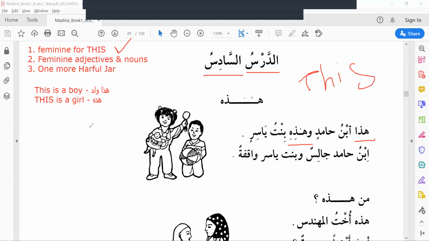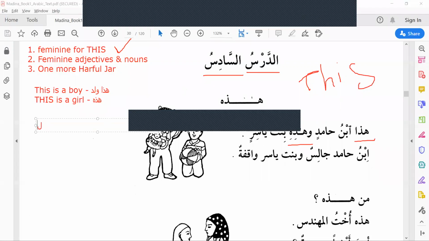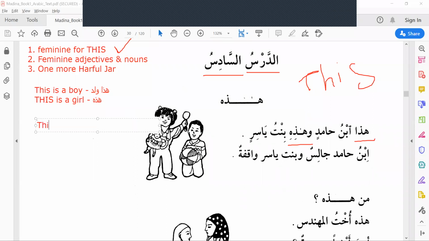Secondly, feminine adjectives and nouns. What is that? For example, this is a new student.